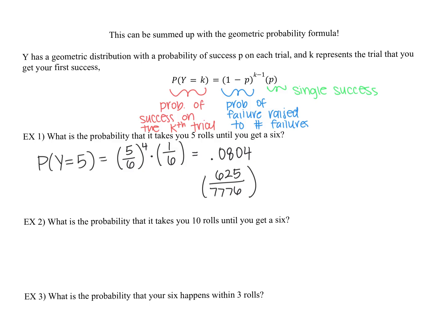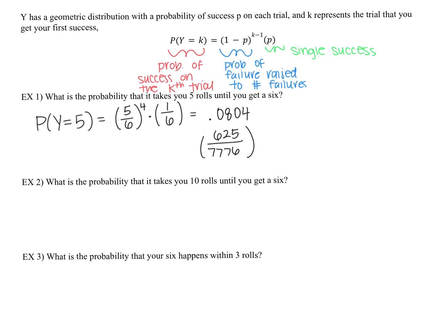So the next one, what is the probability it takes you 10 rolls to get a 6? So that's the probability that y is 10. So that means you had 9 failures, so 5/6 to the 9th times 1/6. And it is probably best to just do all of this in a calculator at once instead of doing it in steps. And we're going to get 0.0323.